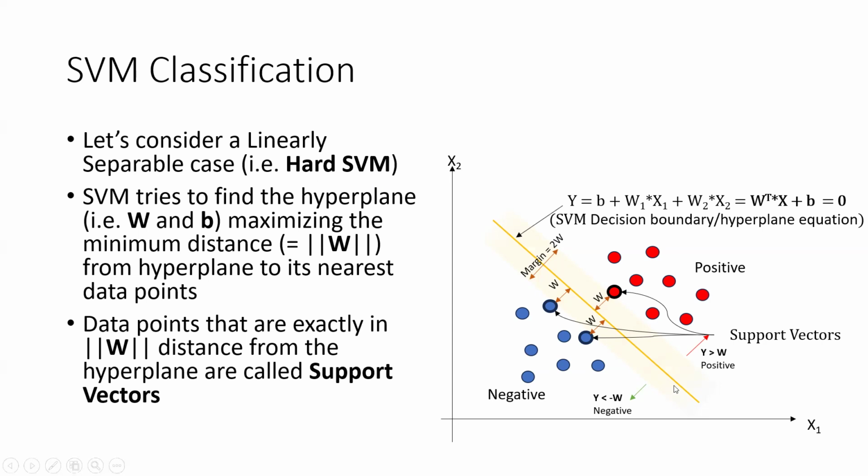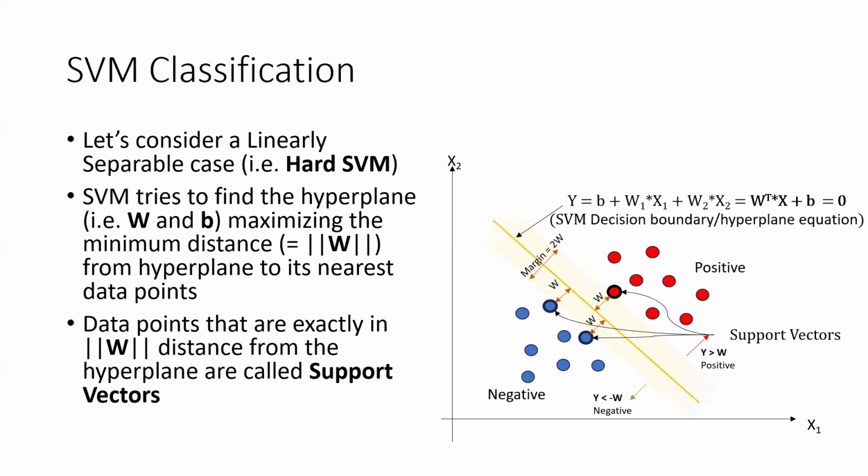So this is actually a much simpler, specific case for support vector machines, right? Because when it comes to real world data sets, sometimes we find some data points that are misclassified using this decision boundary.